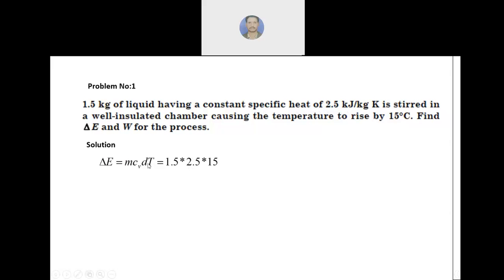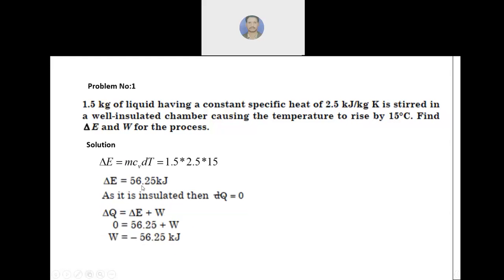Delta T is the change in temperature, and here it is a rise of 15 degrees, so write 15. Now solve this, and you will get delta E equals 56.25 kilojoule. Why kilo? Because the specific heat is in kilo. It is kilojoule.